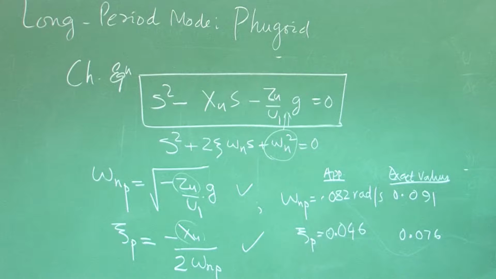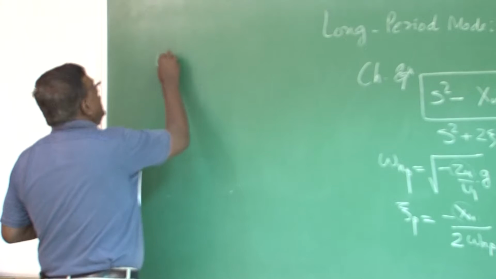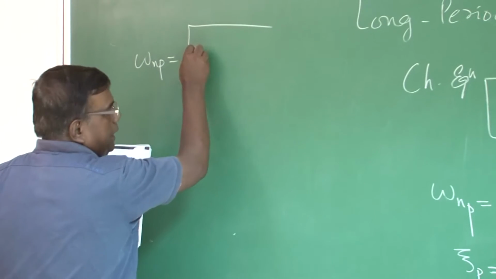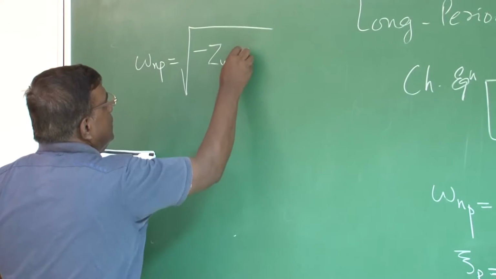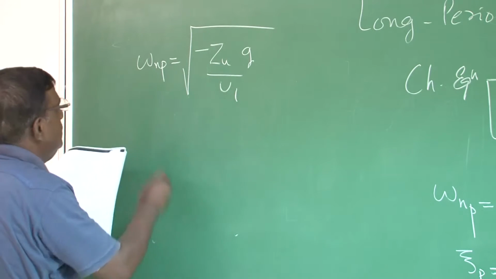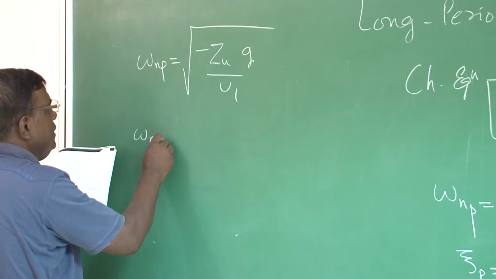Let us take omega n phugoid. Omega n phugoid is under root minus Zu g by U1. You know the expression of Zu, so I can substitute that expression here.